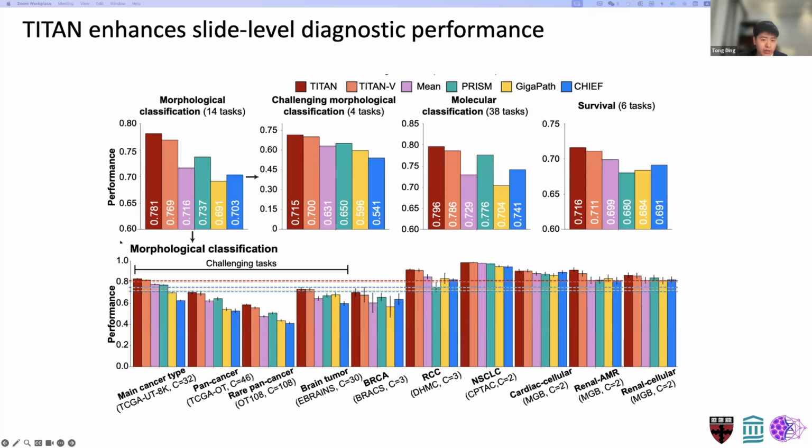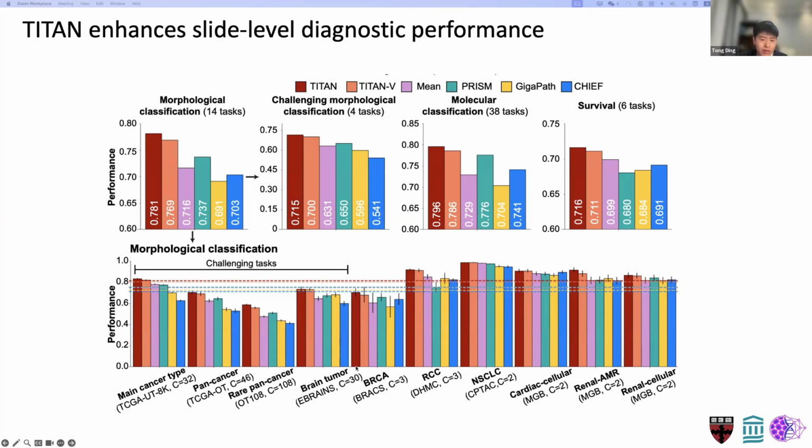In morphological classification, we identified 4 challenging tasks, including our TCGA uniform tumor 8K dataset, TCGA OncoTree dataset, and the 108-way rare pan-cancer subtyping task we created internally from the Brigham and Women's Hospital, and also the 30-class classification task from EBRAINS. And just note here, all of the 30 subtypes of the brain tumor in these datasets are considered as rare cancers according to NIH guidelines.